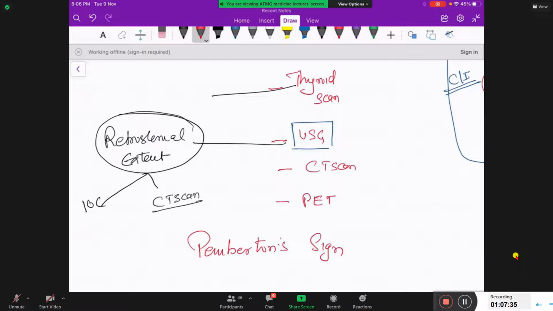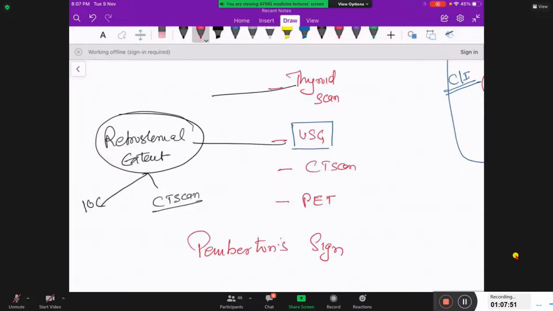When the patient raises his hand like this for 2 to 3 minutes, if it is compressing over the major vessels in the neck, facial puffiness happens. This is called Pemberton's sign.